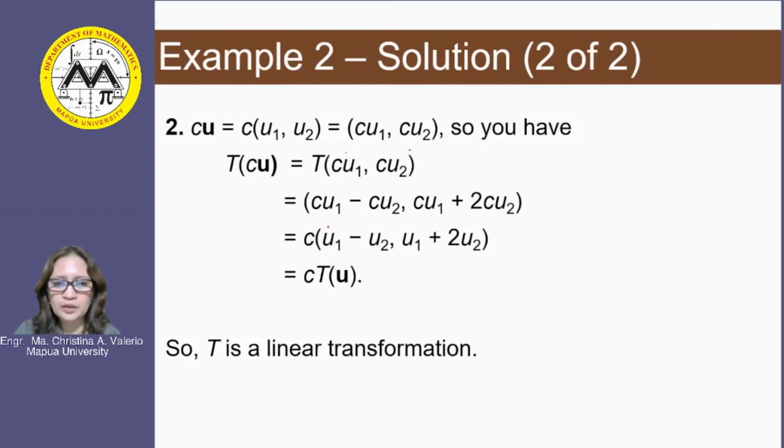We will end up with c times (u1 minus u2, u1 plus 2u2), which is actually just c times the image of the vector u. And hence, T of cu is just equal to c times T of u. So T is a linear transformation.